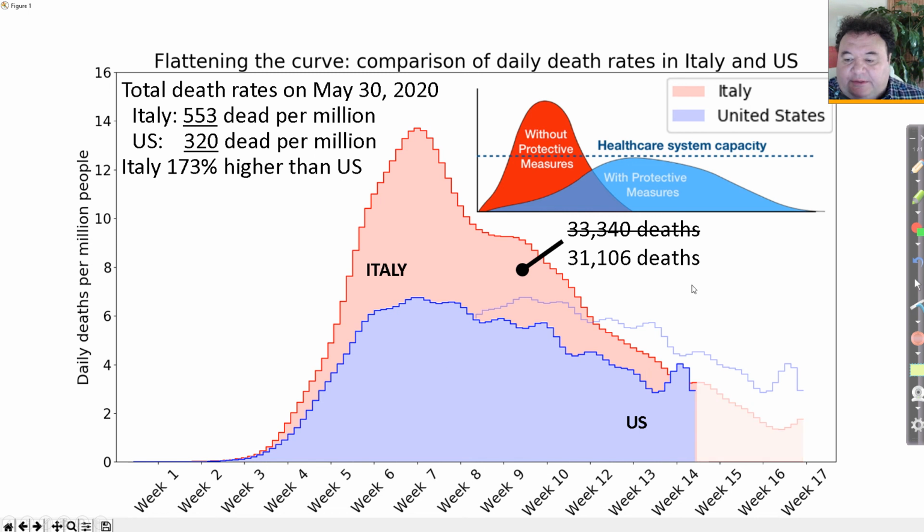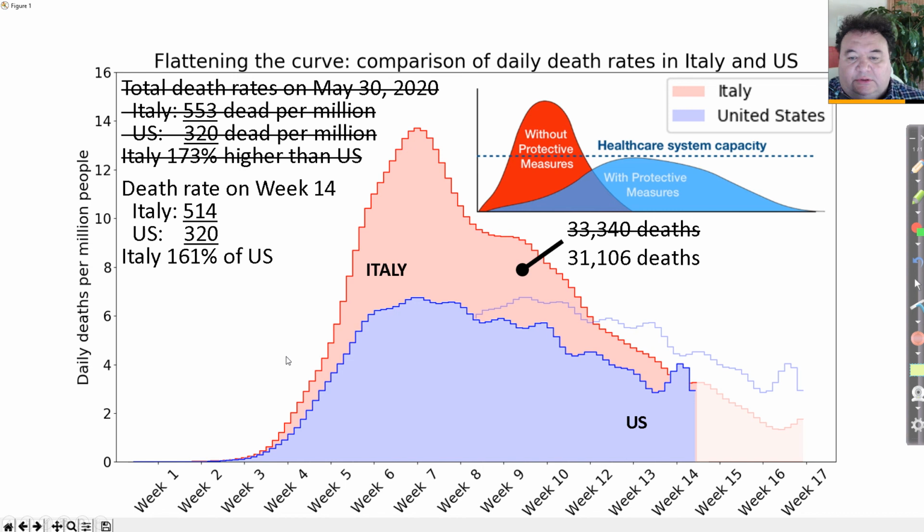So if we eliminate this part of the red area, the deaths actually go down to 31,106. So this is actually a better apples-to-apples comparison between the deaths in the two countries.